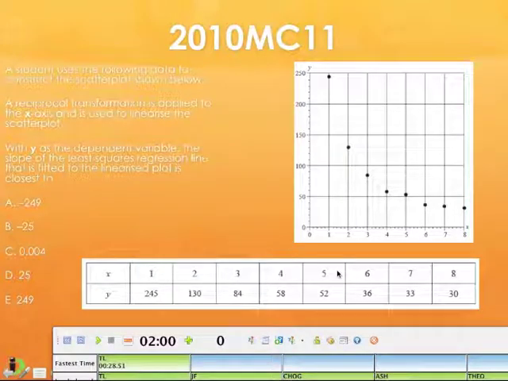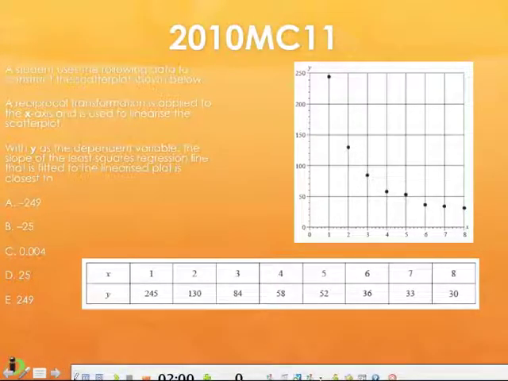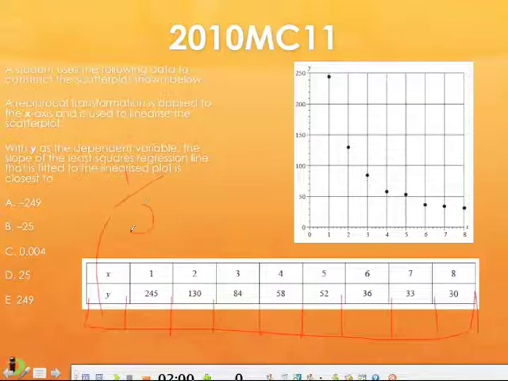So if you're doing any one of these, like I've said in the past, what you need to do is put that data into your calculator.